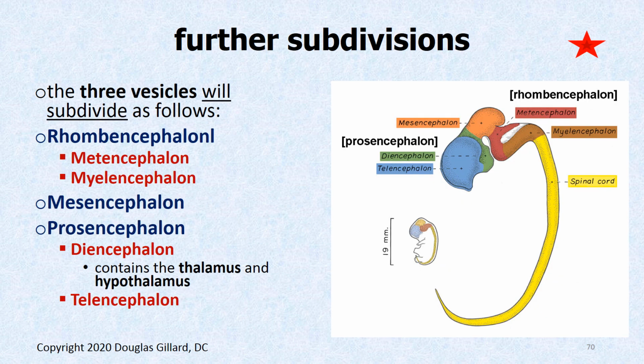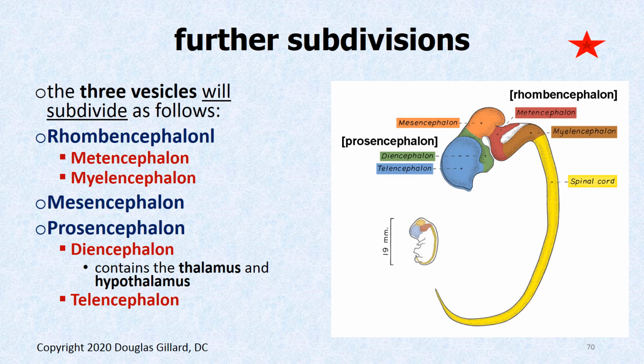Further subdivisions. As time goes on, we can subdivide 2 of the sections. So the prosencephalon will divide into this green and blue region. We have the diencephalon here in green, and then we have the telencephalon up here.